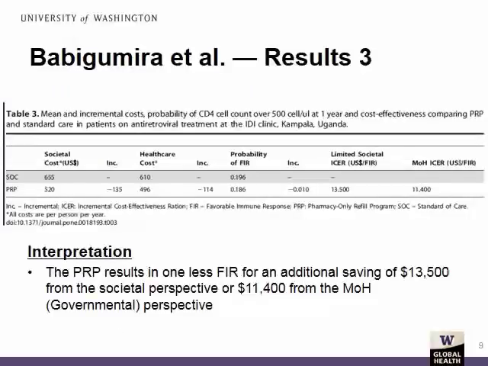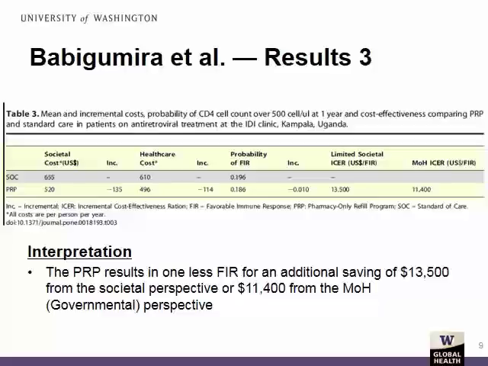So we went ahead and did the study, and this is results of the cost effectiveness analysis. And again, we had two perspectives, and as I said, we're going to examine the question of perspective next week. But in US dollars, from a societal perspective, the standard of care was $655. The PRP was cheaper, so it reduced cost.